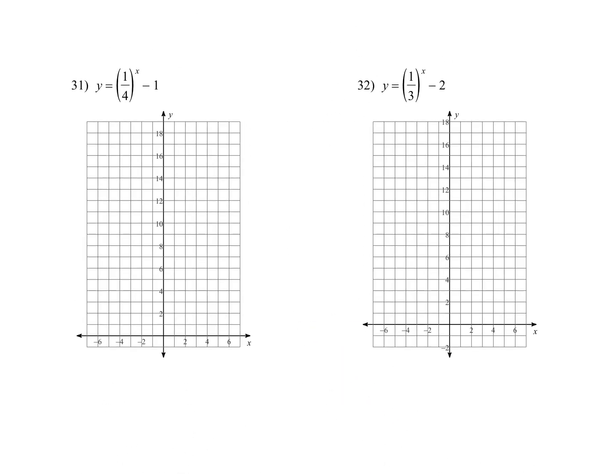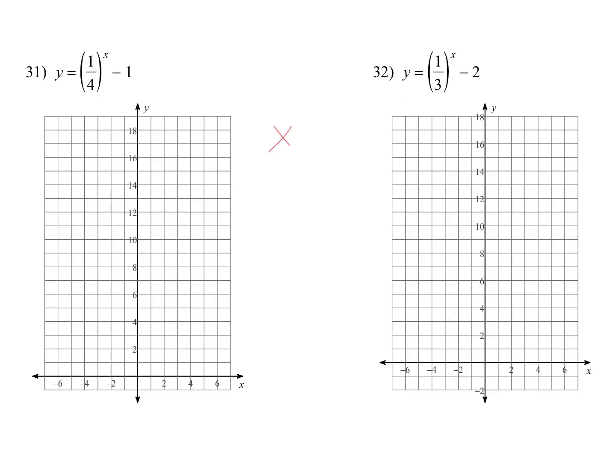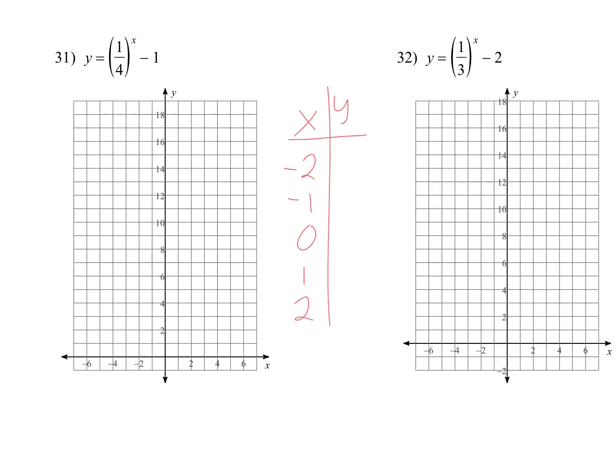Okay, so same thing, xy table. Okay, if I plug in -2, comparing to what we got on the backside, we ended up getting 16 to this, but we still have that -1.